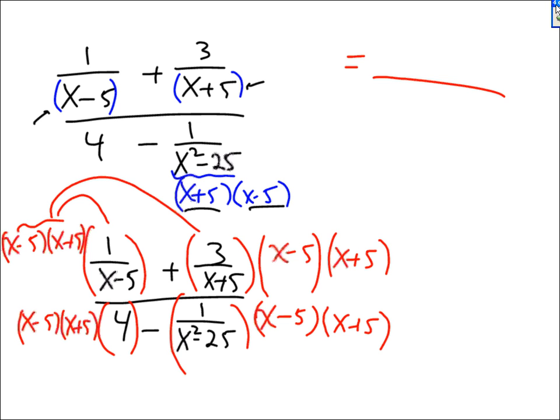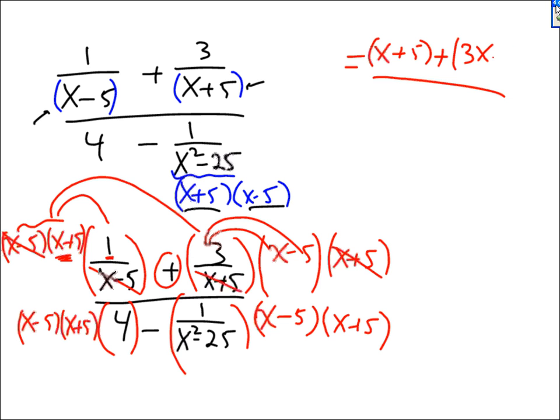So in the first multiplication, this cancels out, and you get x plus 5 times 1, which is x plus 5. Plus, because it really does say plus. The x plus 5 cancels, and you have 3x minus 15.